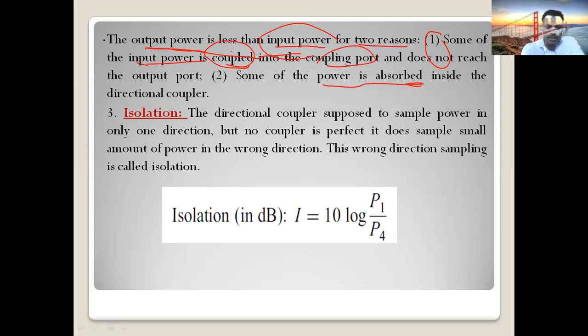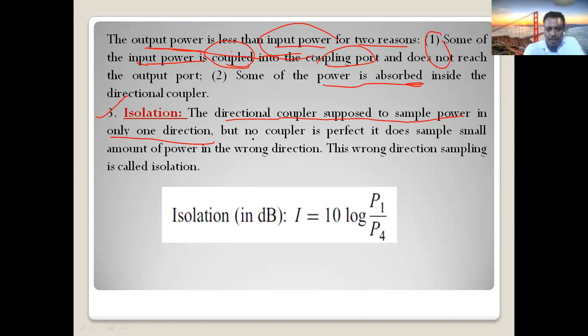Now, when you come to isolation, the directional coupler is supposed to sample power only in one direction. That's why it's called directional. The name of this coupler is directional coupler. Why do we call it directional? Because the sample power must move or transmit only in one direction, P3, not P4.